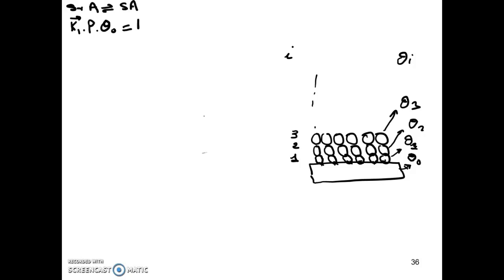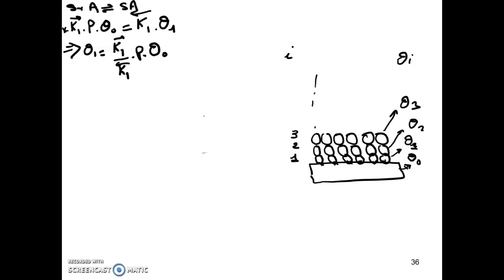The desorption will happen from the first layer, from the molecules already adsorbed over the surface. So here we have theta 1 equal K1 adsorption over K1 desorption times P times theta 0.